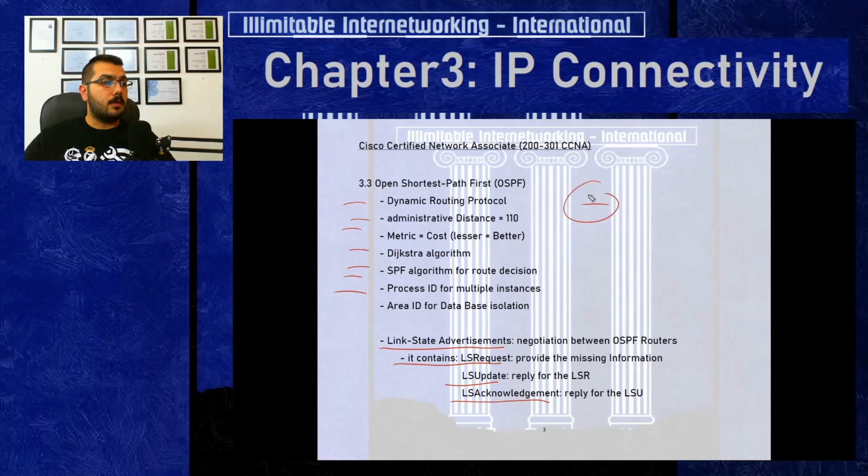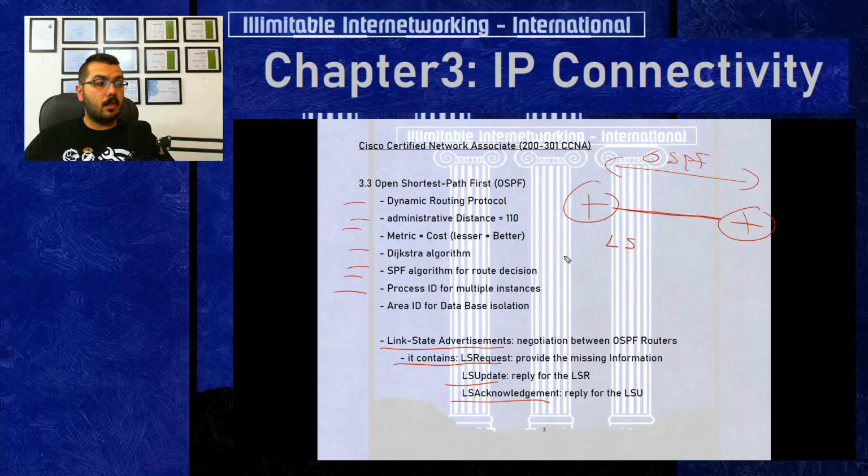Whenever 2 routers are configured for OSPF and are meant to start negotiating and talking to each other using the OSPF routing protocol, all the types of messages that will be sent between the 2 OSPF routers are called link state messages, because OSPF belongs to the link state family I mentioned.